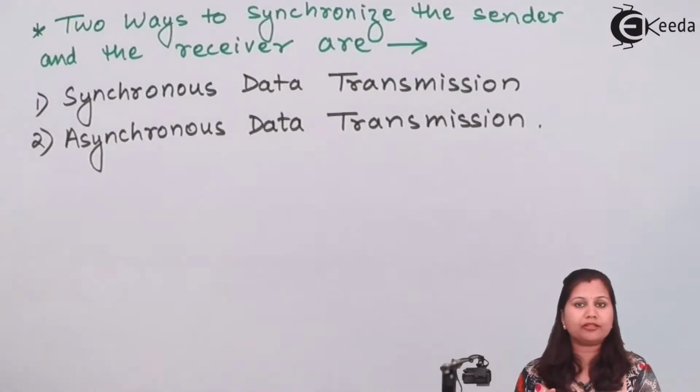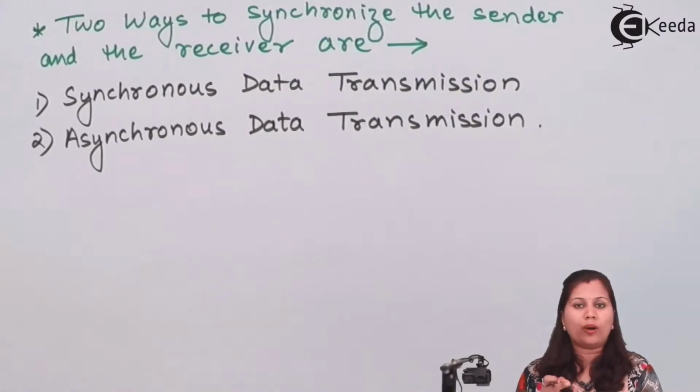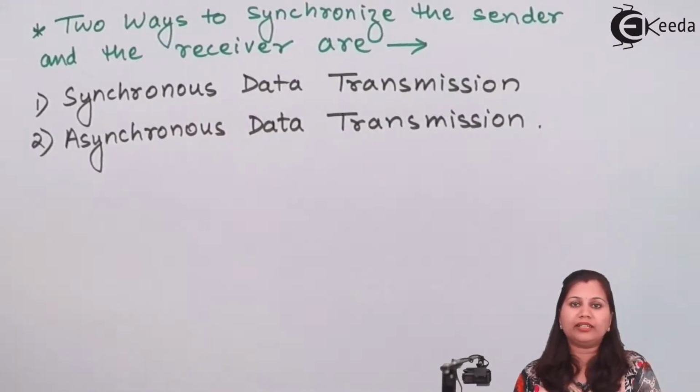That is the difference between synchronous and asynchronous. In synchronous we send two signals, one is the clock signal and the second is the data, whereas in asynchronous data transmission we send only a single signal, and that signal contains the data and also the start and the end of that data.